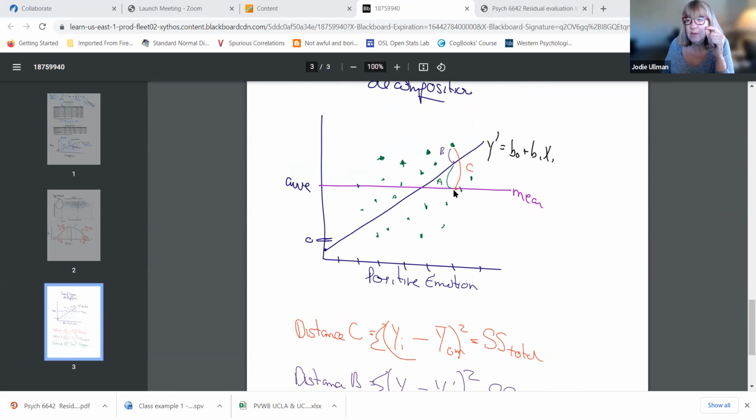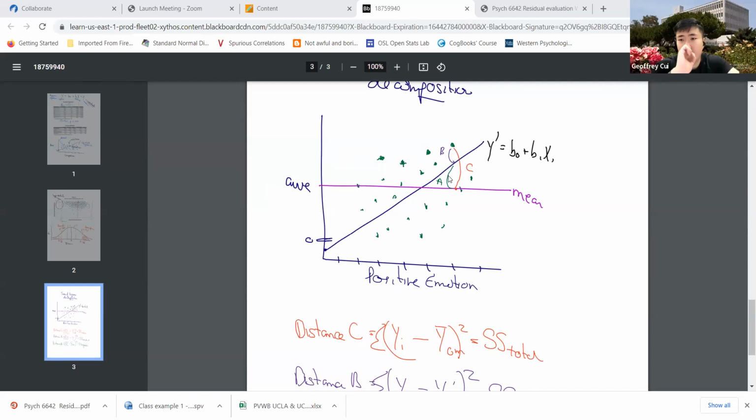What we want to happen, if our regression were fantastic, what would we want to see? Would we want to see B large or small, A large or small? C is going to be C, but what about the relative sizes of area B and area A?